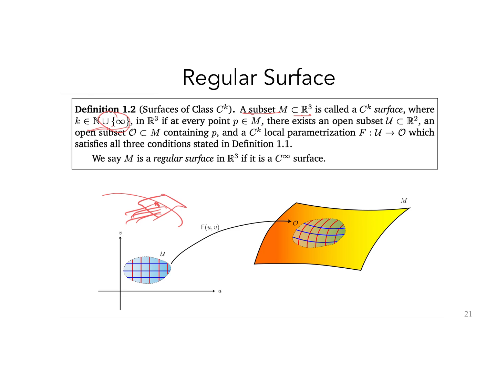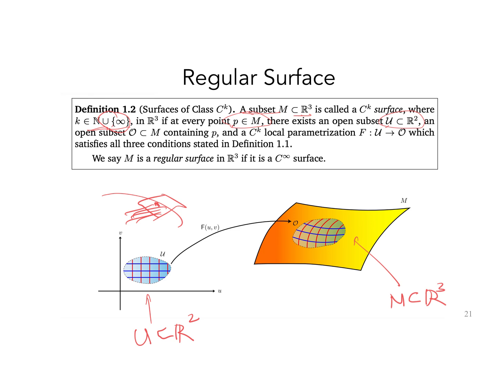And in R3, at every point that belongs to M, there exists an open subset U that belongs to R2. Okay, now this is another concept. So U is here, and the original M is here. M is a subset of the Euclidean space of dimension 3, and the open subset U is a subset of Euclidean space of dimension 2.